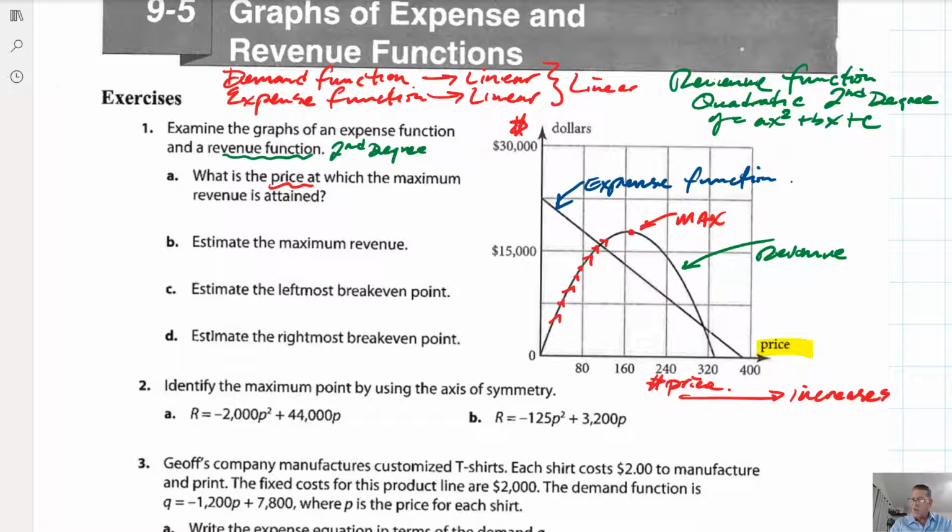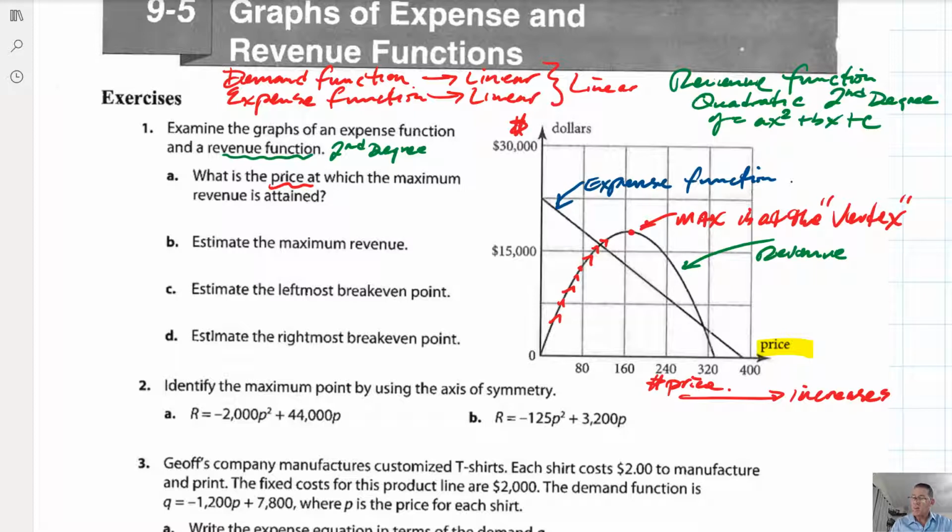So you take a look at the top here, which we call the vertex of the parabola. The max is always at the vertex of the parabola. So we're going to be using all those Algebra 1, Algebra 2 techniques that you learned.